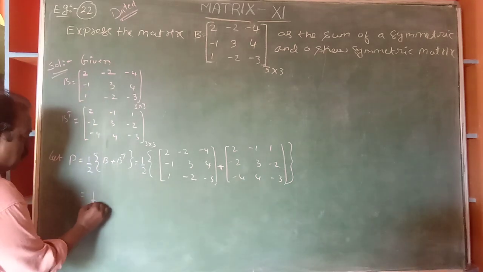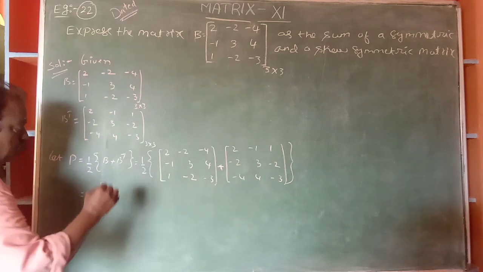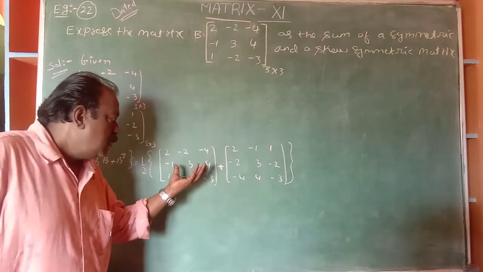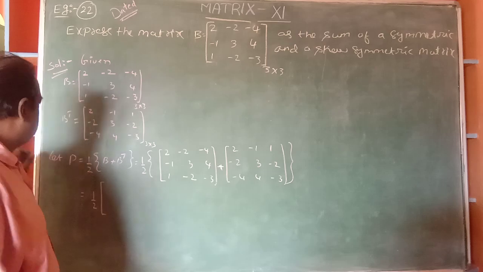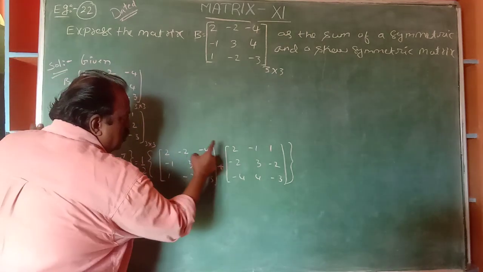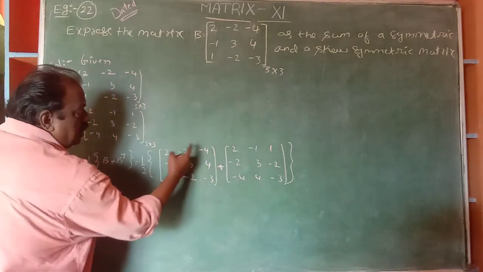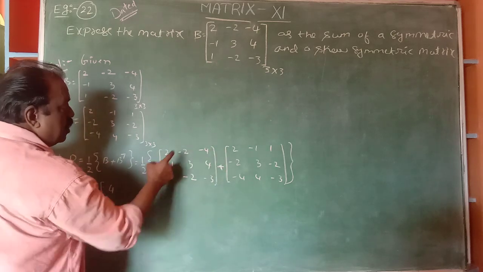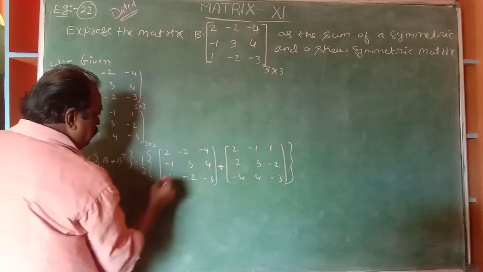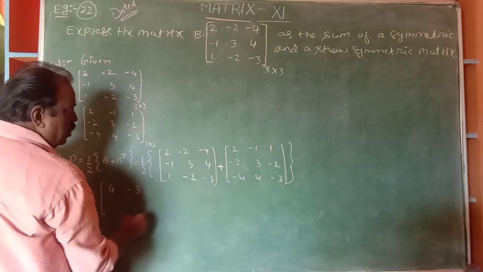Now it is 1 by 2 into, this is the addition of two matrices. How can we add the two matrices? Take the addition of corresponding elements. 2 plus 2 is 4. Minus 2 minus 1 is minus 3.